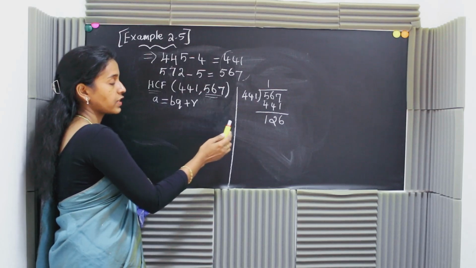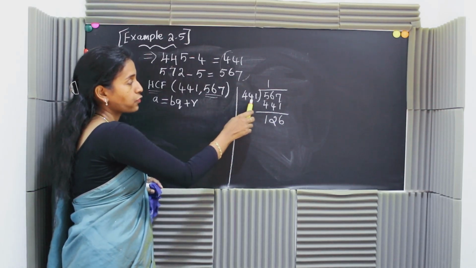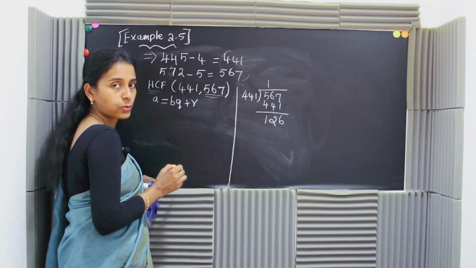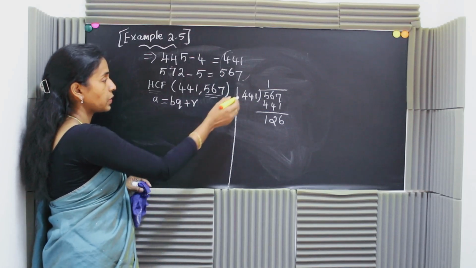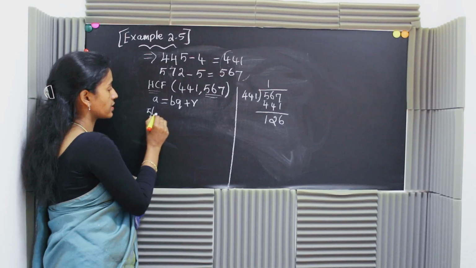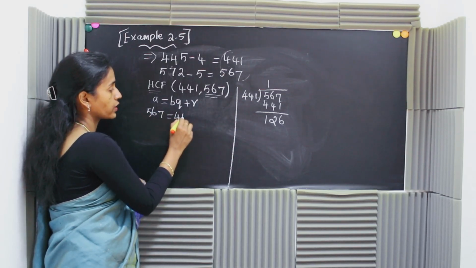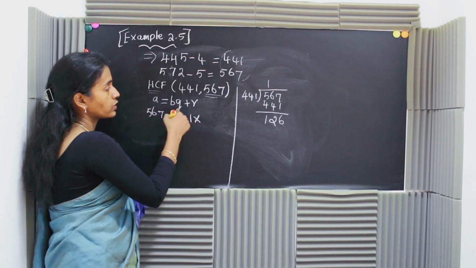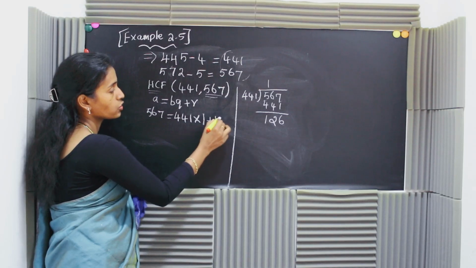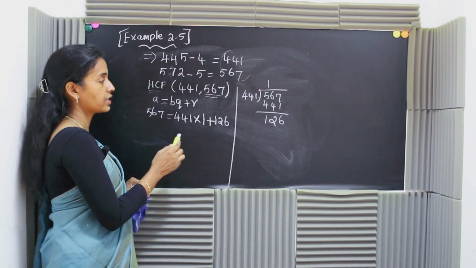Now, we are getting 126 as remainder, 441 as divisor, 1 as quotient. Now, I am applying these values here. What is A? 567. What is B? Divisor 441. What is Q? 1. Plus R value is 126.